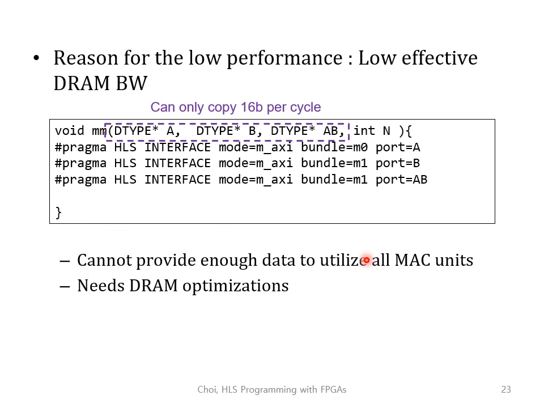We're only utilizing about 16 bits out of a 512-bit AXI bus. So we definitely need to apply some DRAM optimizations to increase the bandwidth, which we'll cover in the next class.